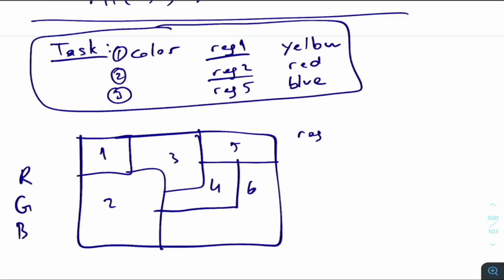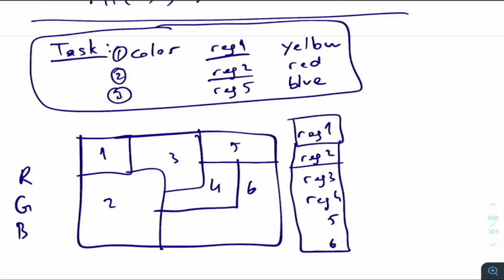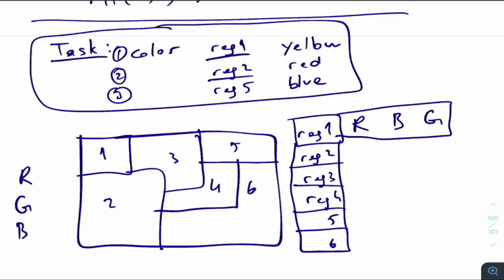Let's say you have some data, region 1 and region 2, 4 5 6. Okay, let's say you have that data, right? And R, B, G, right?